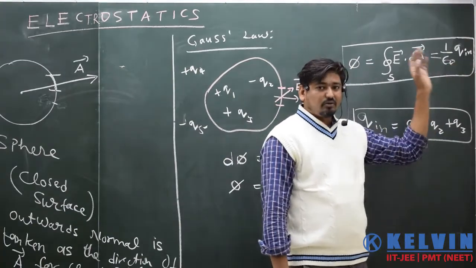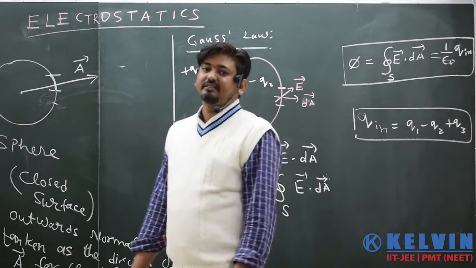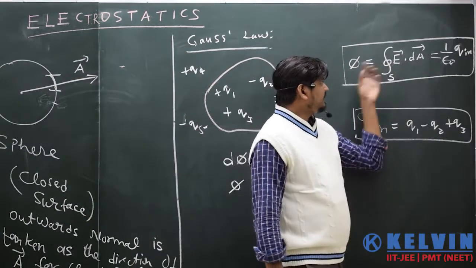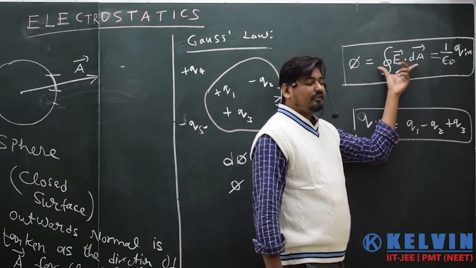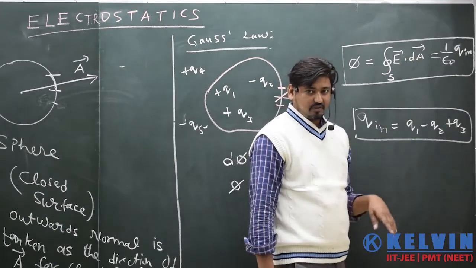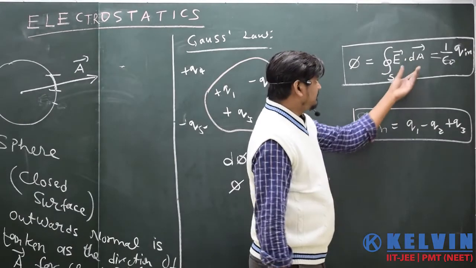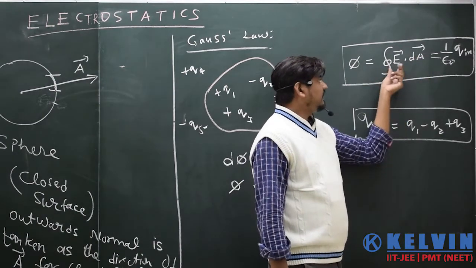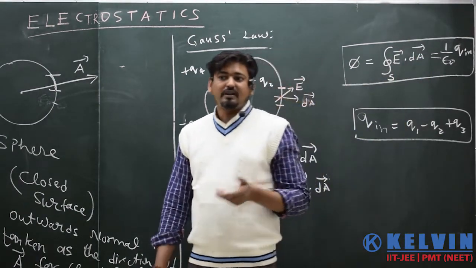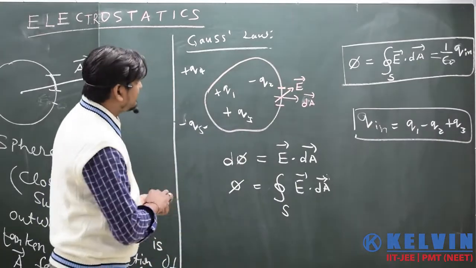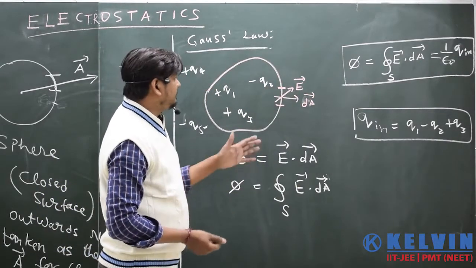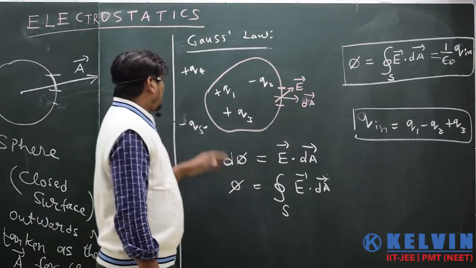Q inside is the total charge enclosed inside the surface. But what about when we calculate the flux from the left hand side of the equation? For the left hand side, we require the area vector, dA vector, and we also require the electric field. Now what is the electric field? Suppose at this particular point, the electric field is E. So the electric field is due to how many charges?